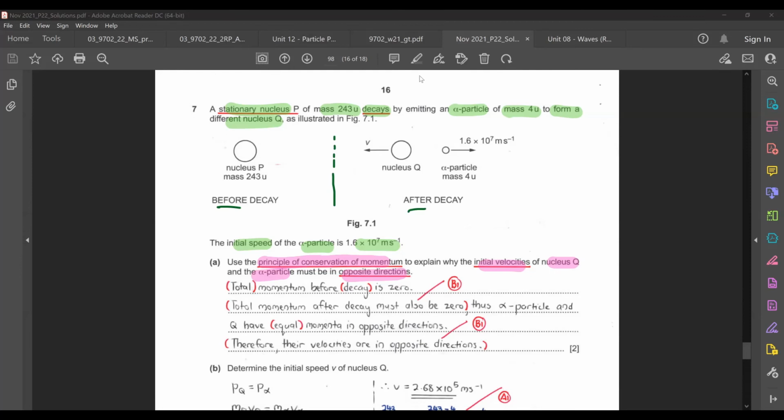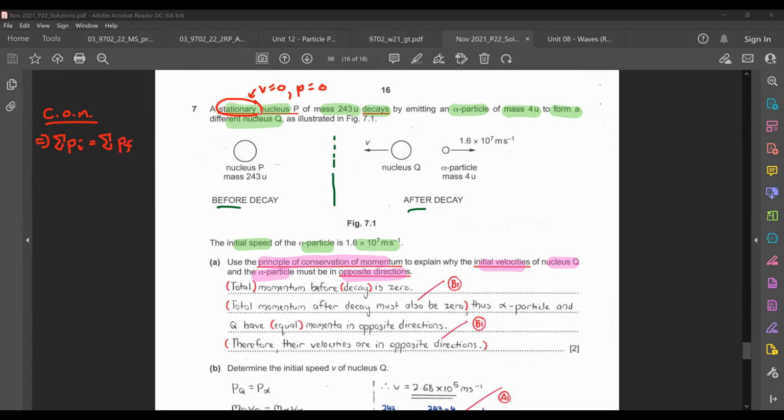Right now, what's important to know is that this thing is stationary. That means your V is 0, your momentum is 0. When you're talking about conservation of momentum, the thing that comes to mind is that the sum of your initial momentum must be the same as the sum of your final momentum.